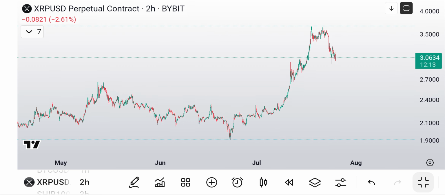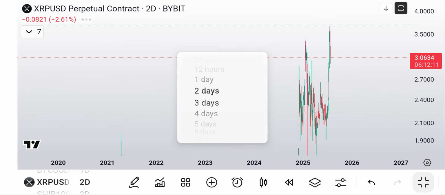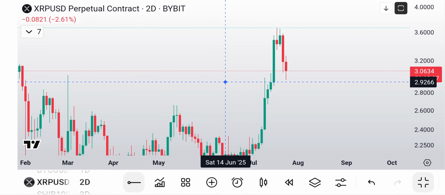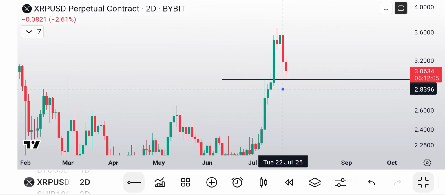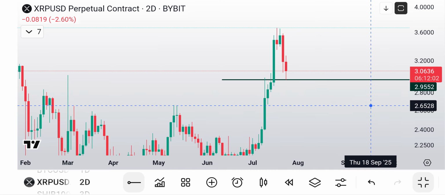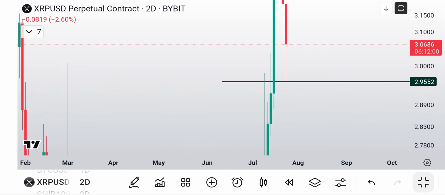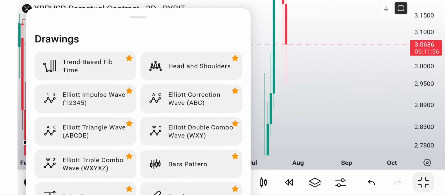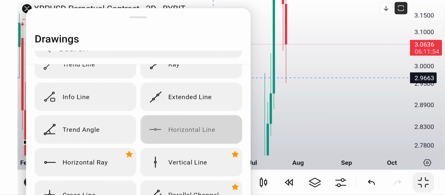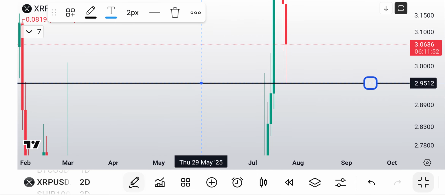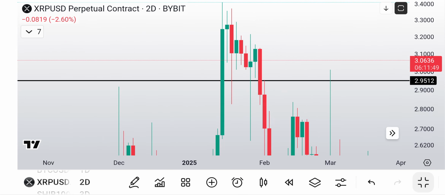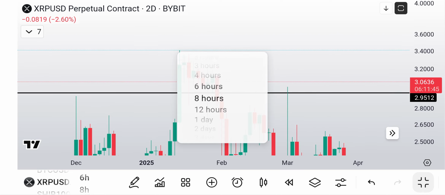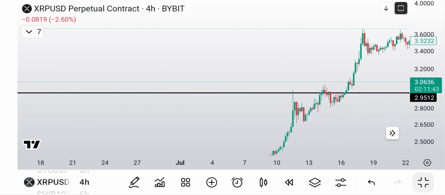The other thing as well, if you look at where we pulled back to, we pulled back to sub $3. We pulled back to $2.95. So let me actually put a horizontal line. That way we can look left to see where we went to.